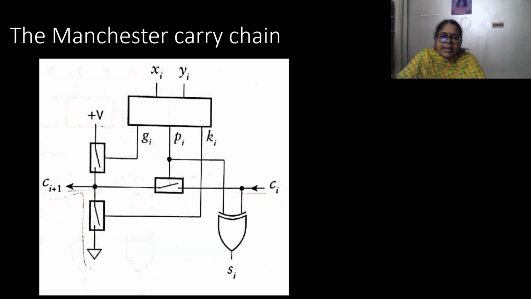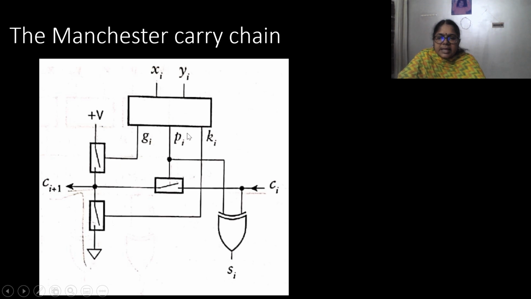Similarly, we can also write the adder cell in this particular manner, where the block is going to generate the generate signal, propagate signal, and the kill signal by taking the inputs X and Y. We know generate signal G = XY, propagate signal P = X XOR Y, kill signal K = X bar Y bar.